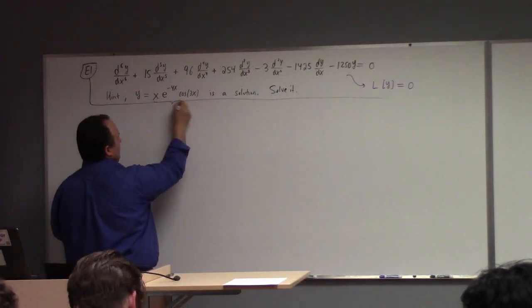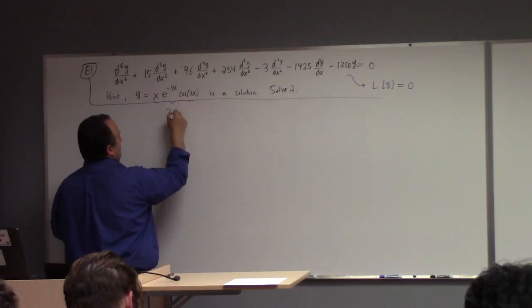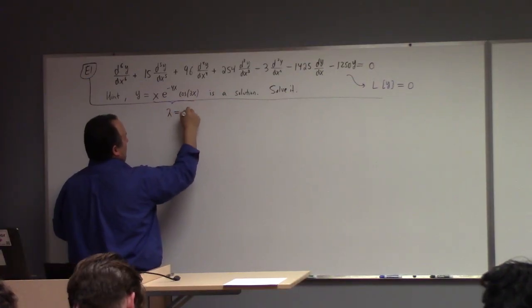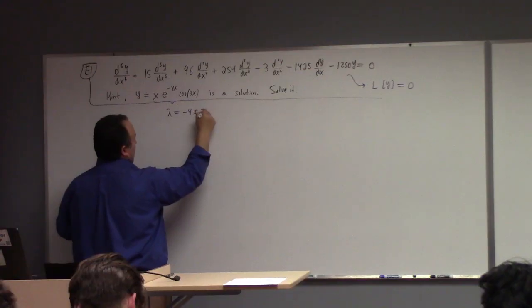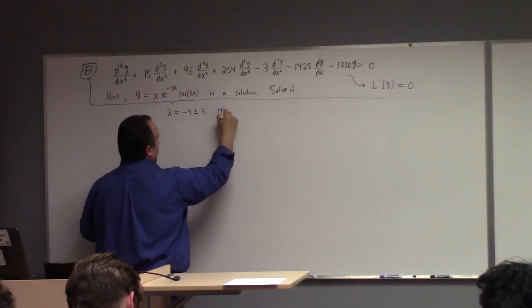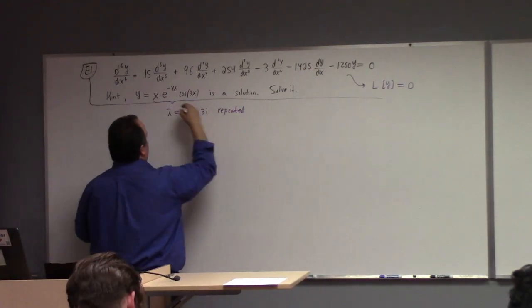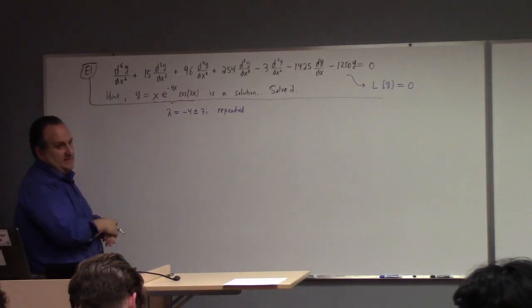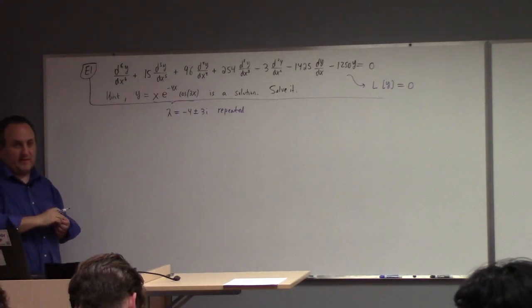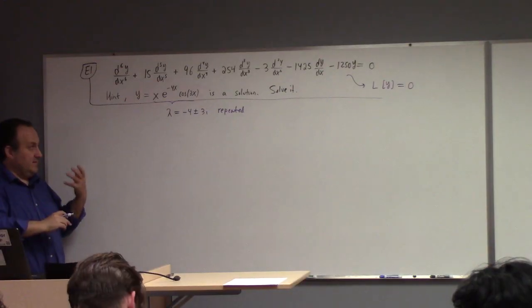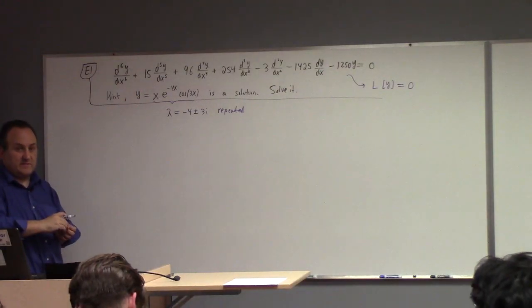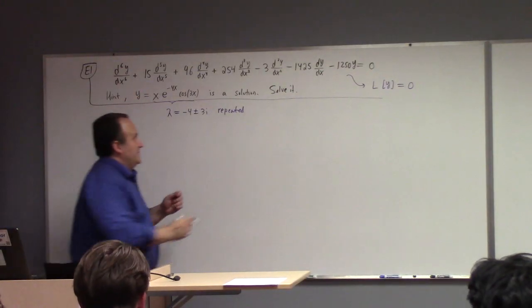This comes from lambda is equal to minus 4 plus or minus 3i repeated, right? That's how you get this x here. There's not just a complex pair of roots, there has to be a repeated pair of complex roots in order to get that kind of solution. So we just work backwards, you see?